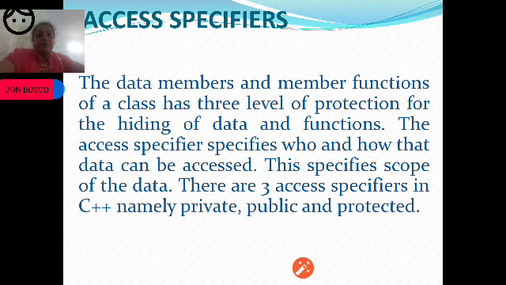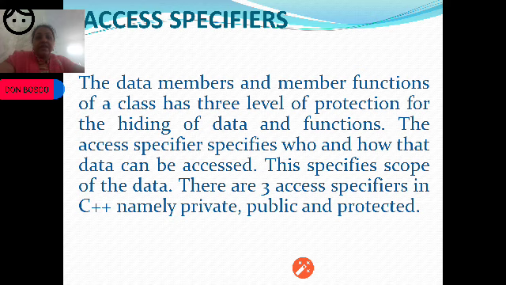So here also we are protecting the data by defining them under three sections, that is private, public and protected. Basically, access specifiers provide a boundary to the data. They define who can access and who cannot access the data.